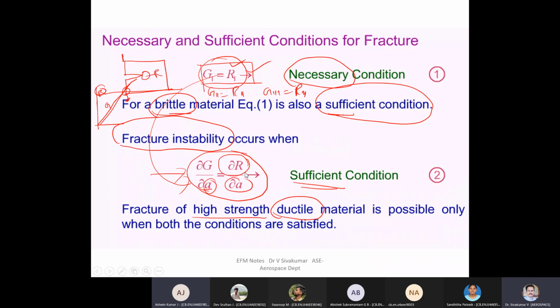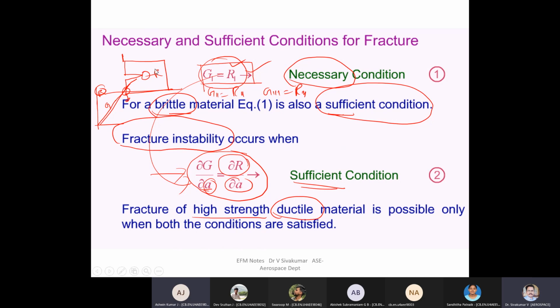So in ductile material, if only the necessary condition occurs, then the material will only yield? No, there you cannot say whether the crack will really grow or not. You have to check the sufficient condition. If both conditions are satisfied, then only the crack will move.